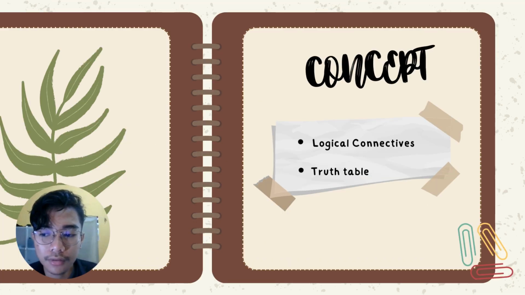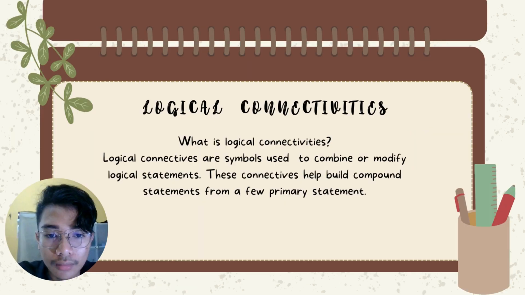For application of logic in real life, we have two different concepts, which are logical connectives and truth table. What is a logical connective? A simple statement consists of only one subject and one predicate. It is also known as a primary statement.